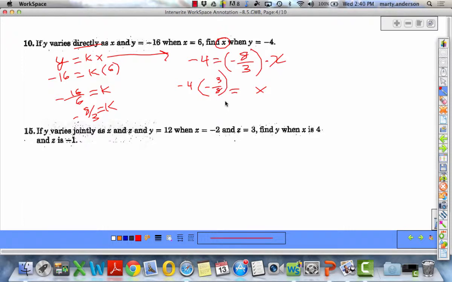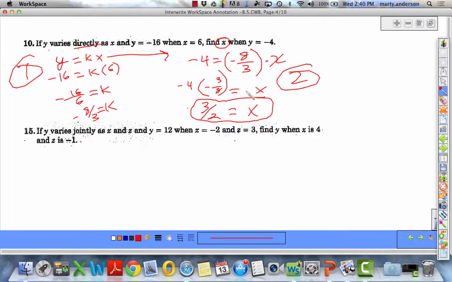When I multiply -4 times -3/8, I should end up with x equals positive 3 over 2, or 1 1/2. So we're just solving for x. We use the given information over here. Step 1, solve for k. Over here, use what I found to solve for what's missing.